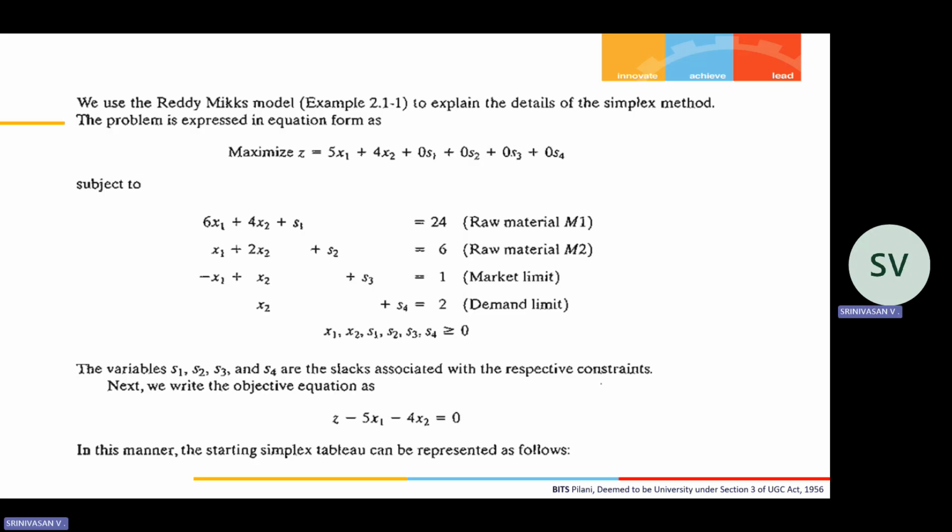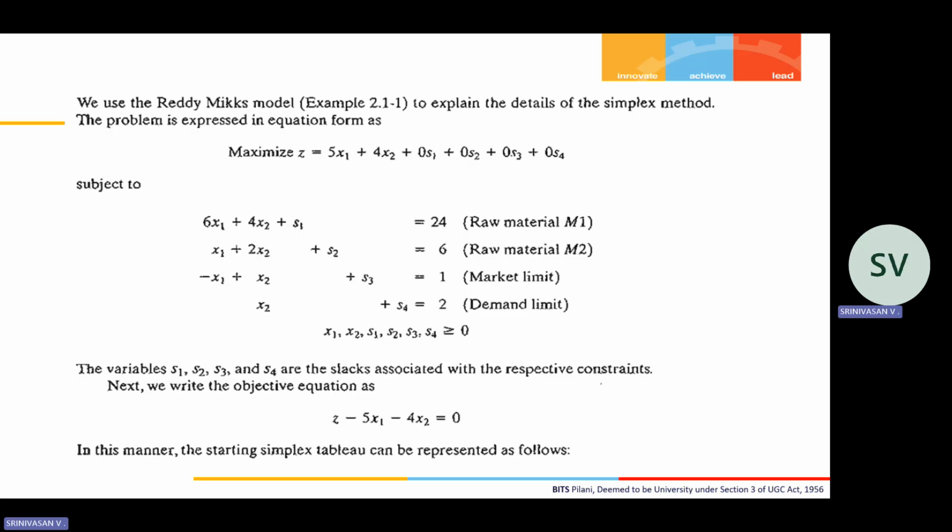We write the objective function as, well, this can also be written this way. This is also just another method of rewriting the objective function as z minus of, or whatever the coefficients that are available on the left hand side to becoming to right hand side, instead of taking into account the slack variables, just straight away the problem like maximum z equal 5x1 plus 4x2 becomes z minus 5x1 minus 4x2 equal to 0.